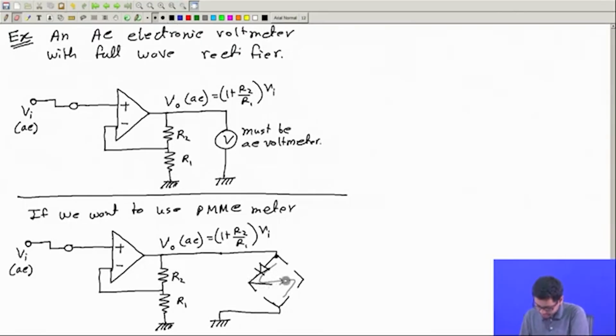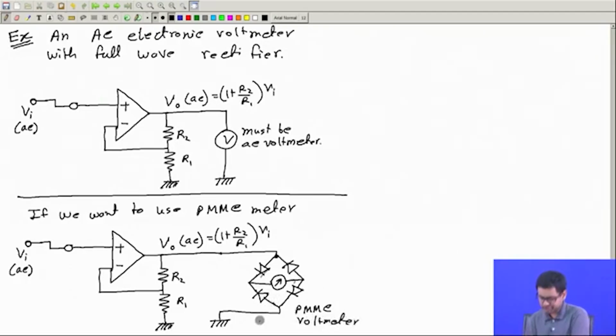Then here I shall put my meter, and here I shall have the other diode. So you see, in the positive half the current will go like this, and in the negative half, when this side is at higher potential, the current will go like this. This is my meter, a PMMC voltmeter.